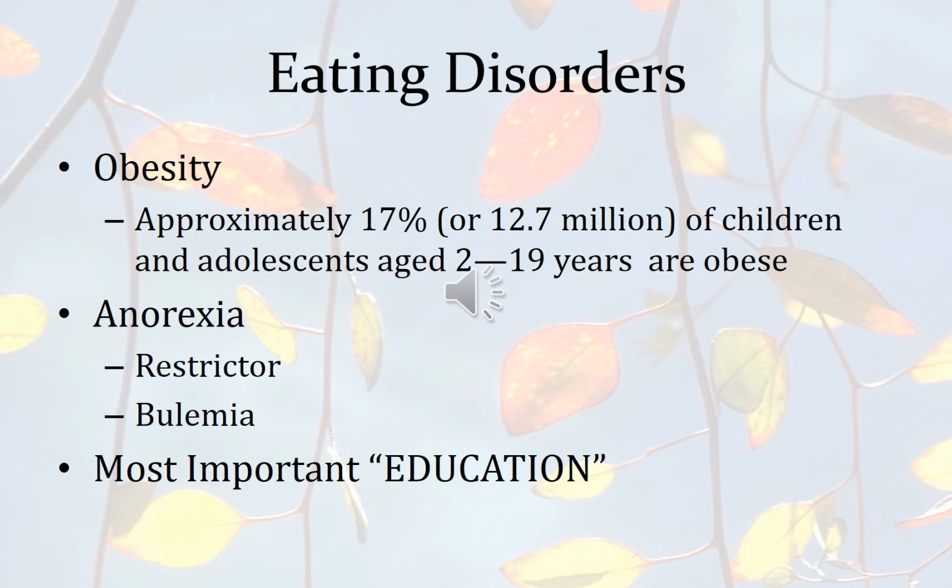Often this concern about body image endures through life, and usually leads to anorexia, which can be broken down into 2 types: restrictor, where they restrict the food they're eating, or bulimia, where they binge and purge so that they don't gain weight.